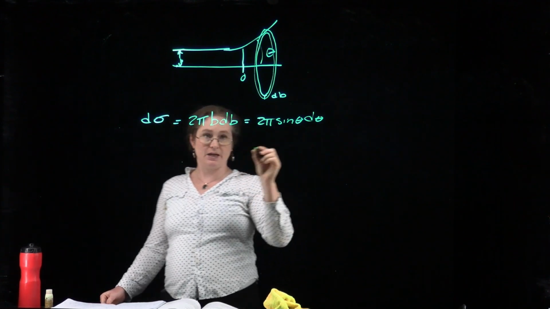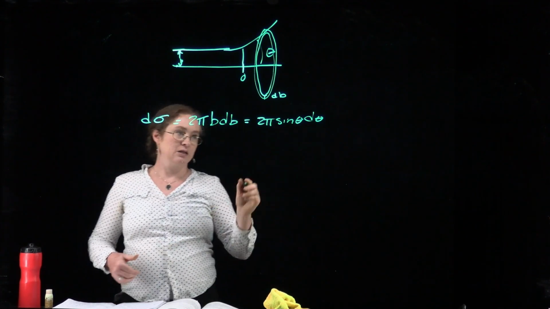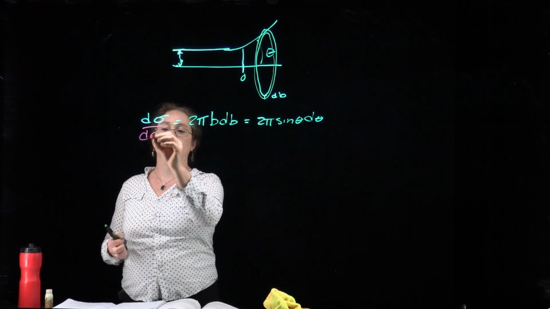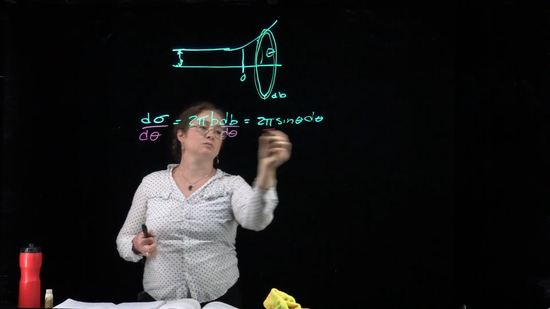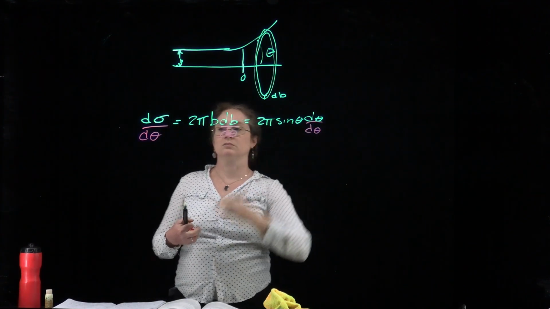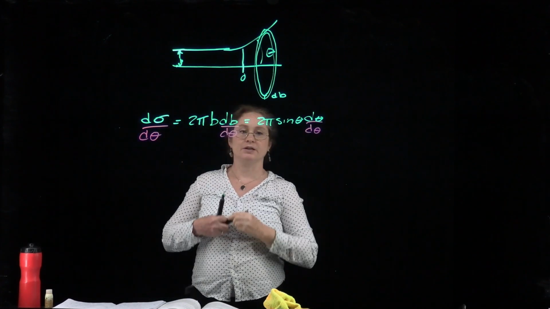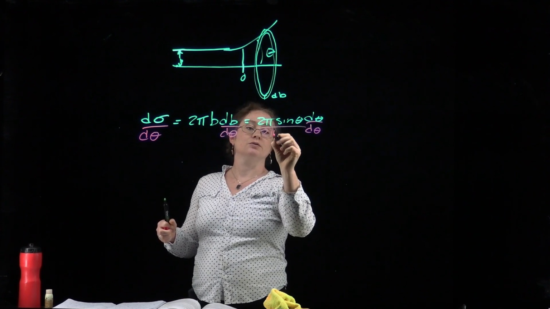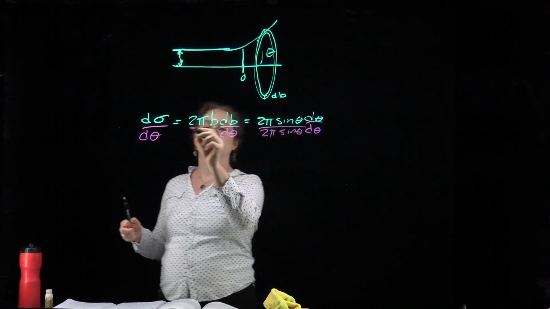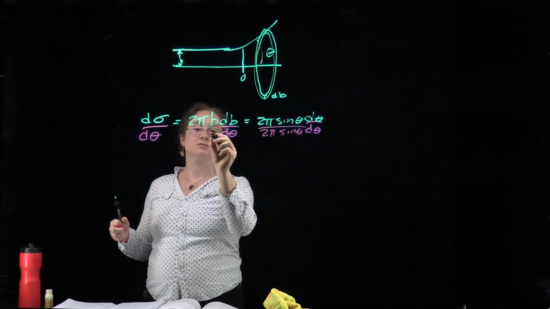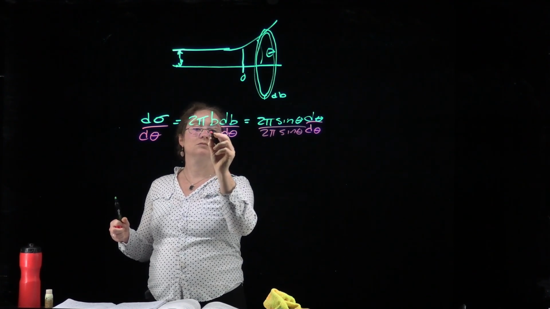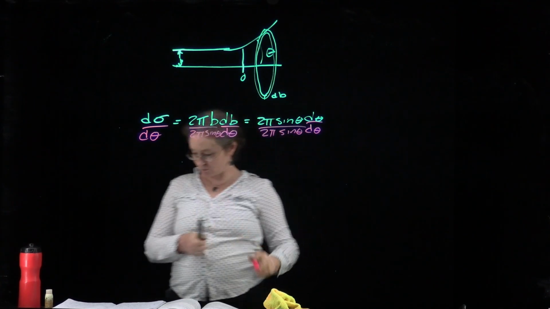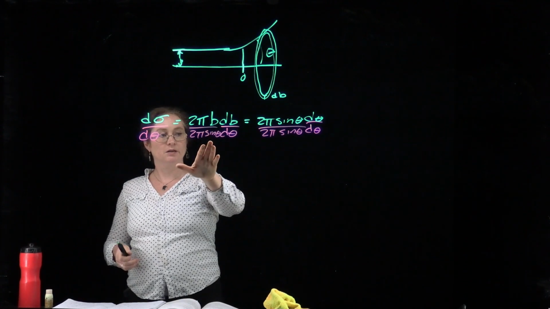And that means that I can relate theta and b, and actually, I'm going to divide through by 2 pi sine theta. And I'm really going to focus on this part.